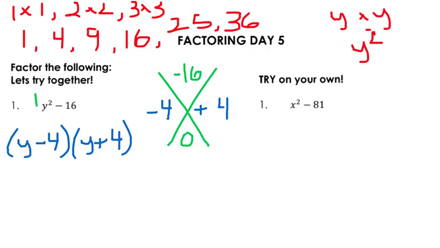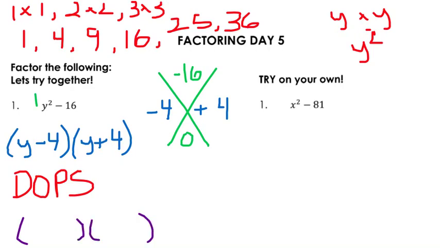So whenever I have two terms, y squared and 16 here, that are combined by a subtraction sign, this type of problem is called a difference of perfect squares, or a DOPS problem. Now your shortcut to solving this is going to be really simple. All you do is, it breaks up into two different factors. And you look at your terms.